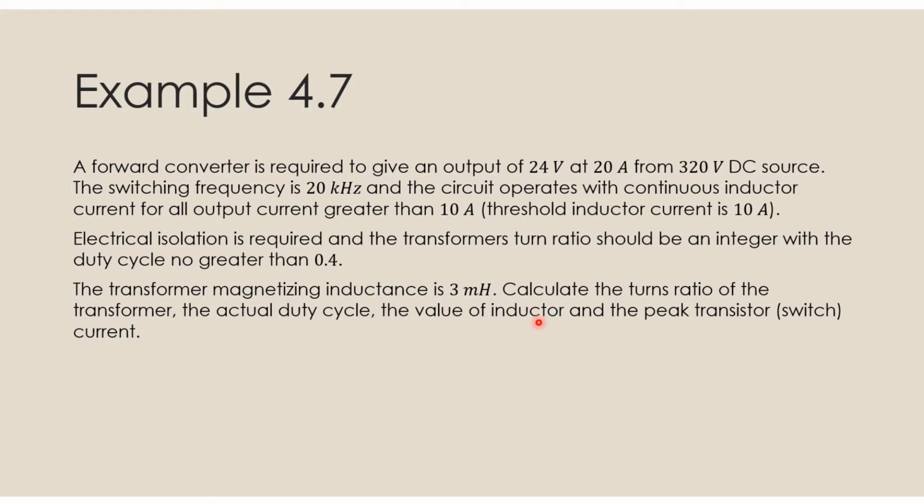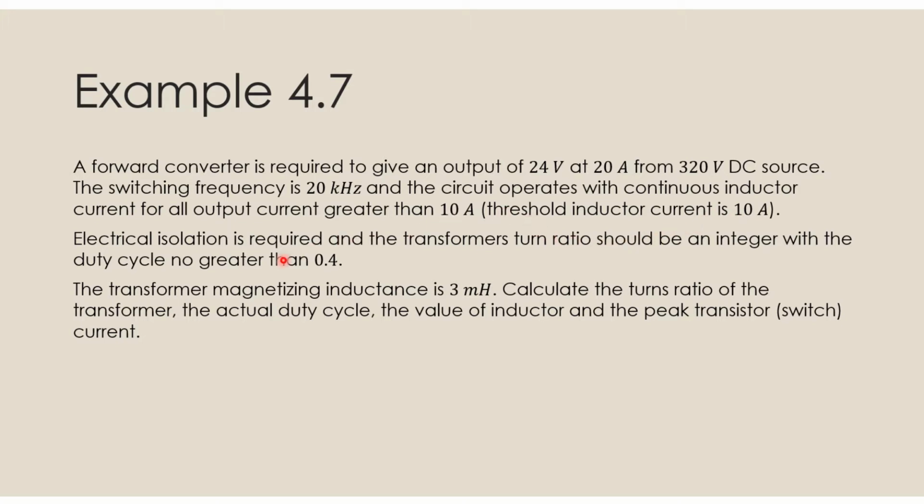Alright, so we are given an isolated forward converter to give an output of 24 volt and 20 ampere from a 320 volt DC source, with a switching frequency of 20k, and a threshold current at 10 ampere.